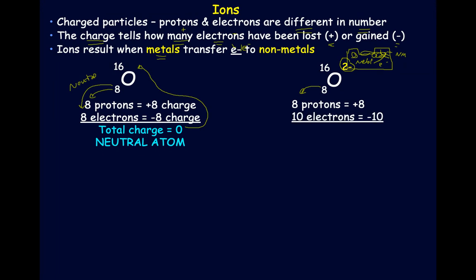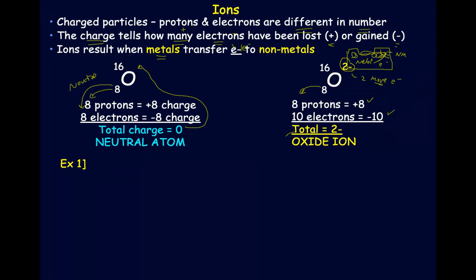However, our electrons have changed. Because we have 2 more electrons, we would add that number to the 8 to get 10 electrons. So when we check our math, we have +8 coming from the protons, a -10 coming from electrons, and that would be -2.